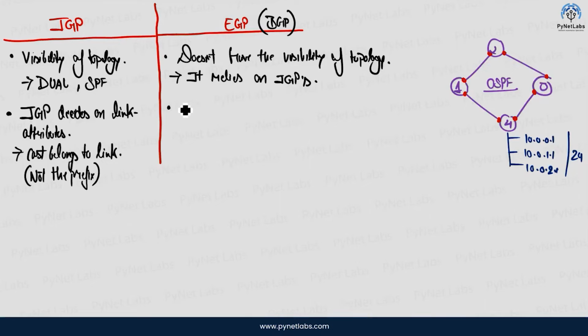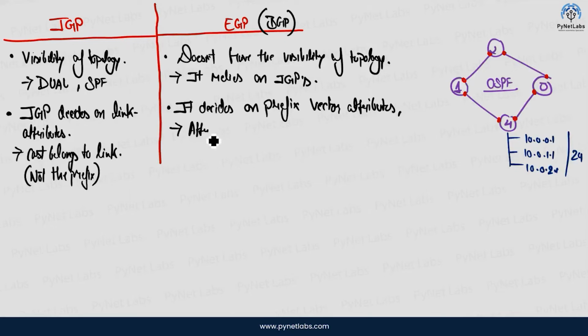So the attributes belong to the prefix, not to the links.